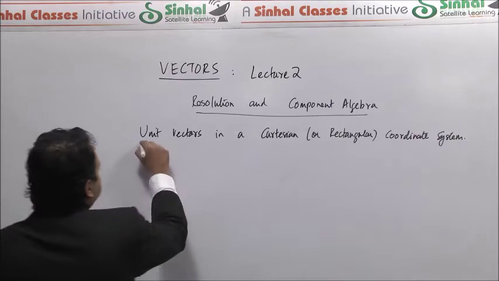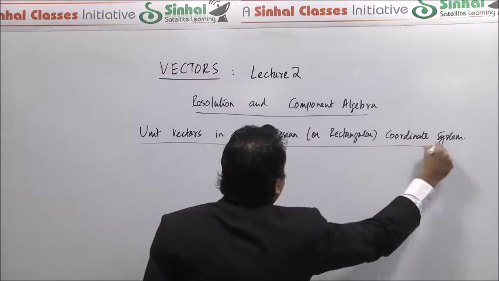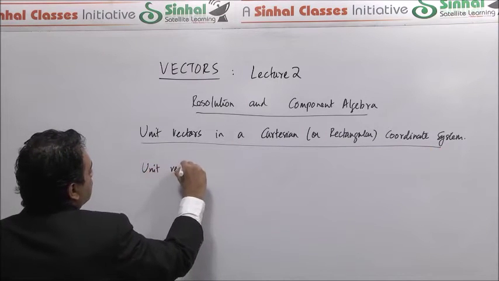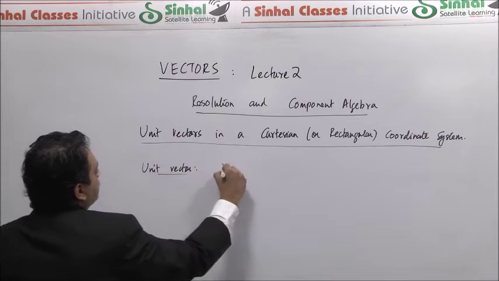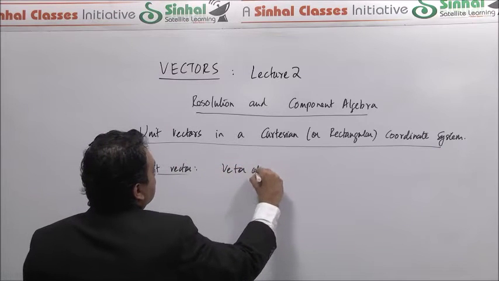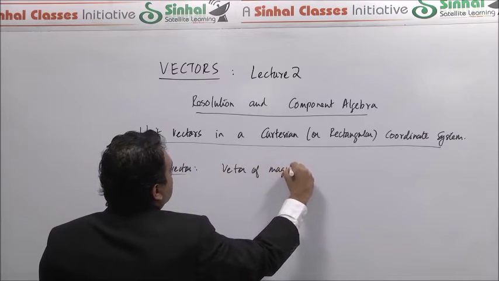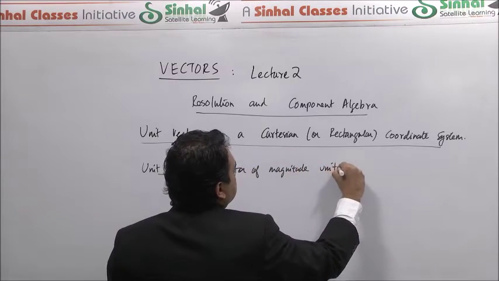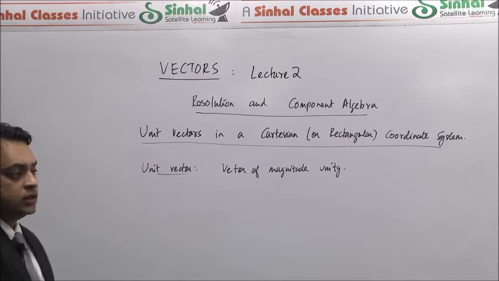So as we know, a unit vector itself is defined as a vector of magnitude 1, or magnitude equal to unity.